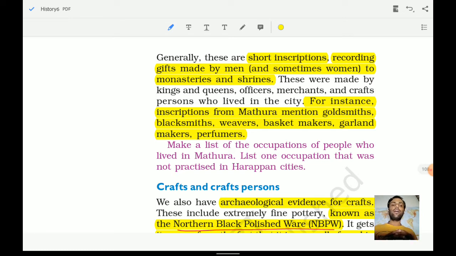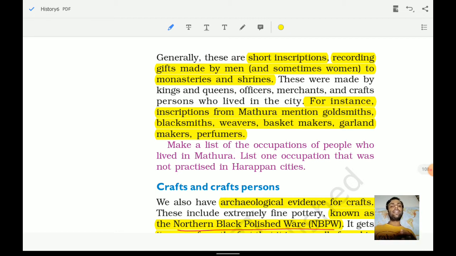So as we have already understood, the culture always moves forward, so it must have come from that time, right? For instance, the inscription of Mathura mentioned goldsmiths, blacksmiths, weavers, basket makers, garland makers, and perfumers.